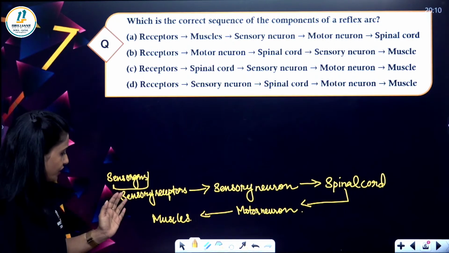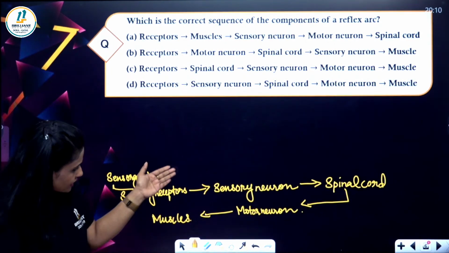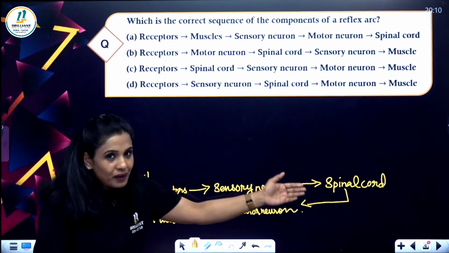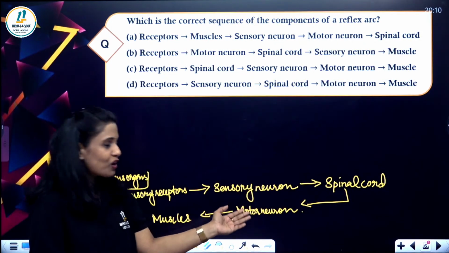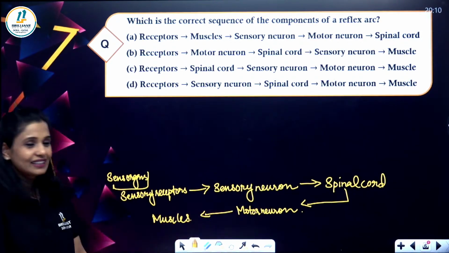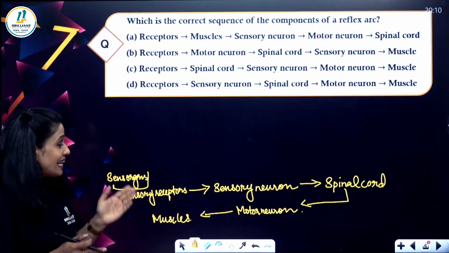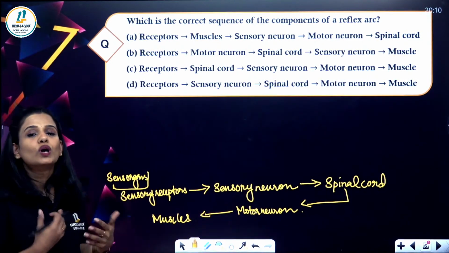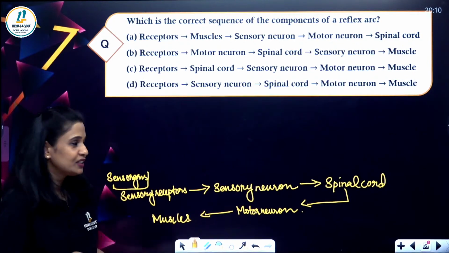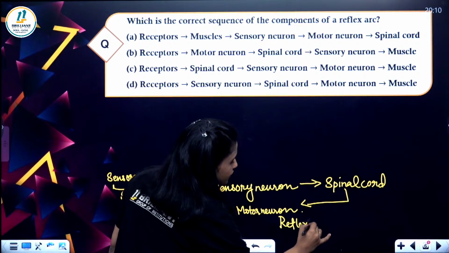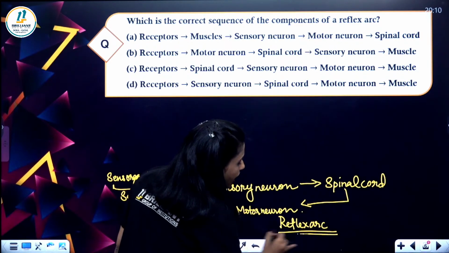Here you can see sensory receptors to sensory neuron to spinal cord, and from spinal cord to motor neuron, and from motor neuron it goes to muscles. This is the pathway of reflex action. And what is this pathway called? It is called a reflex arc.